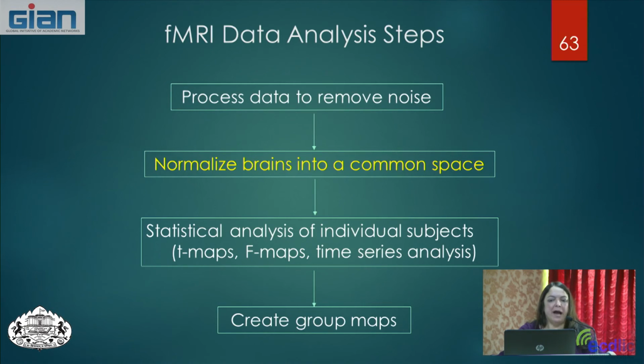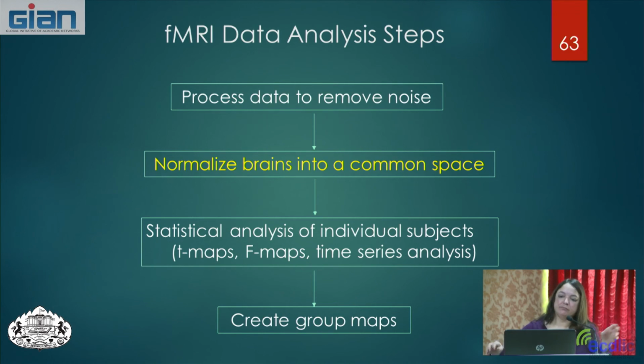Okay, so after we pre-processed the data, got it into the image space and did some noise correction things, then the next thing we're going to do is normalize these brains into a common space.